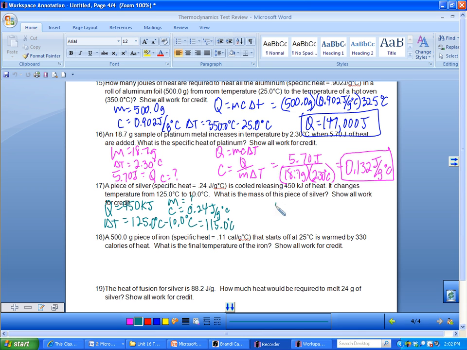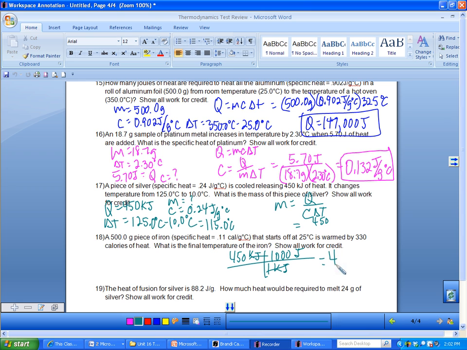So if I'm looking for the mass, I know the mass is equal to Q over C delta T. Q, they told me, was 450 kilojoules, but I can't leave it in kilojoules, so I've got to make a conversion happen. Well, there's 1,000 joules for every 1 kilojoule.